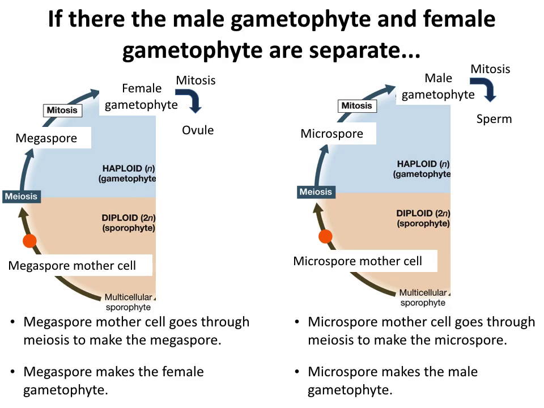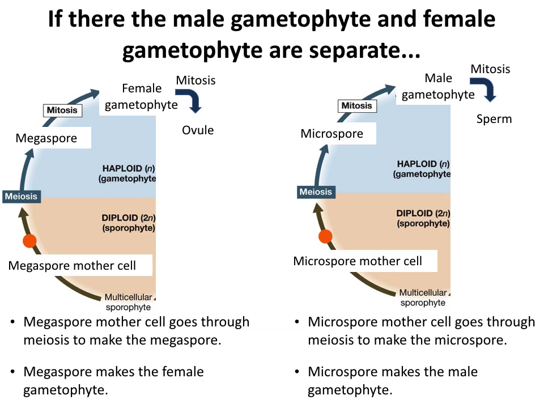That microspore mother cell is going to go through meiosis. After meiosis, it produces a structure called the microspore. That prefix is micro, so that means that once it goes through mitosis, it's going to produce the male gametophyte. The male gametophyte will then go through mitosis and make sperm.